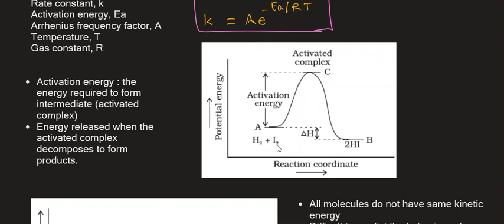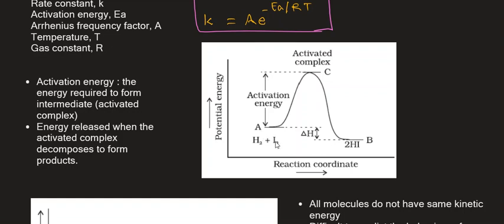These molecules collide with each other, and we cannot expect all these molecules to collide, and all these collisions to be fruitful and responsible for the reaction to take place. So it depends on so many factors.